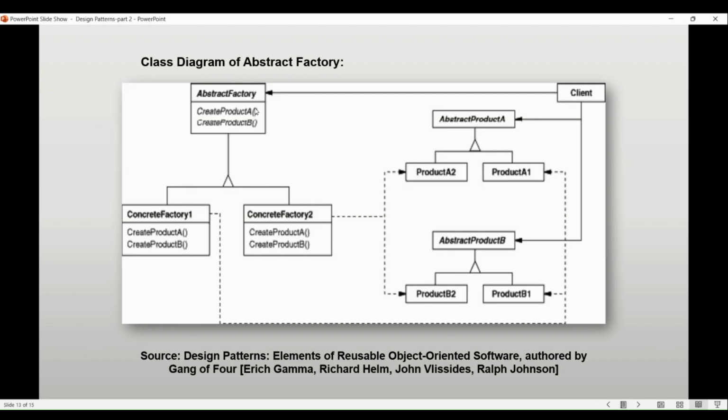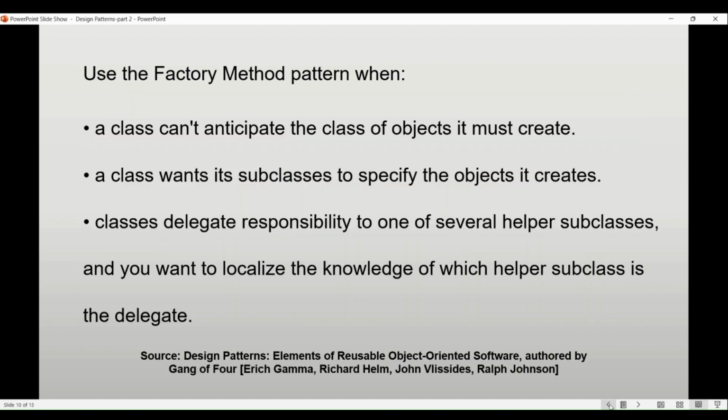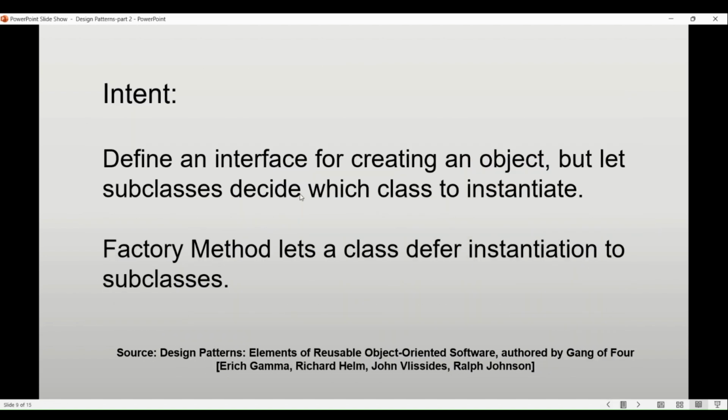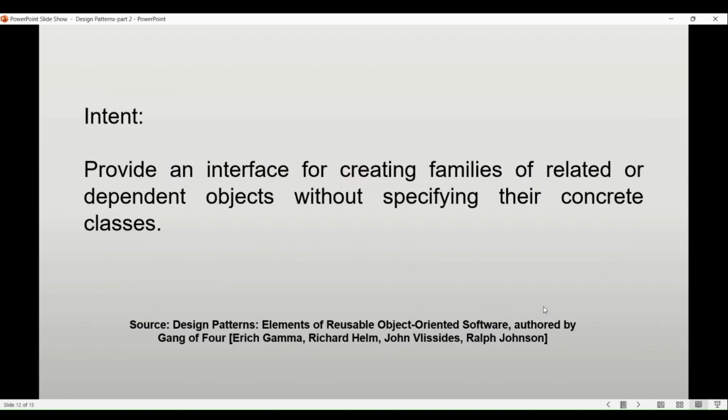Now, the task of creating these products or these product objects, we have delegated to our concrete implementations. That's what the intent of the factory method pattern is, if you can remember. Define an interface for creating an object, but let the subclasses decide which class to instantiate. So that's what we are doing here.